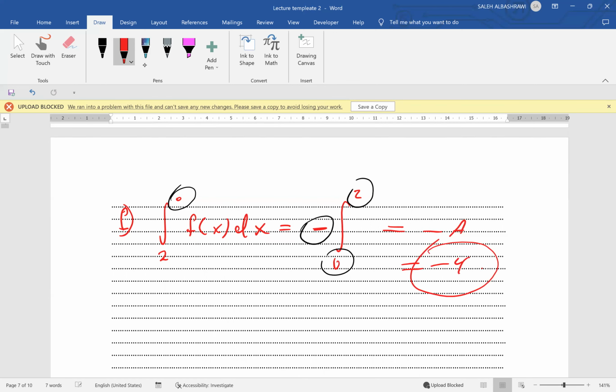So this is the idea of finding the definite integral by interpreting the curve under the function into regular shapes. If I have regular shapes, we can find the value of the definite integral. But if the shapes are not regular, then we cannot do it. We have to do it in a different way.